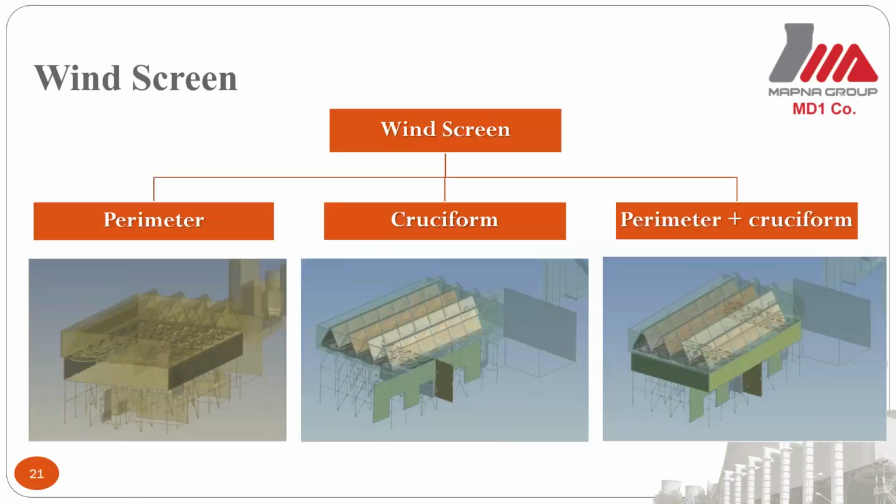So our first approach is to control the high wind velocity effect. In this optimization and development project, we suggest different types of wind screen. We study them, and after that we compare the results with each other, and at the same time we compare those results with the case where there is no wind screen. In this study, perimeter, cruciform, and perimeter plus cruciform are simulated and studied.